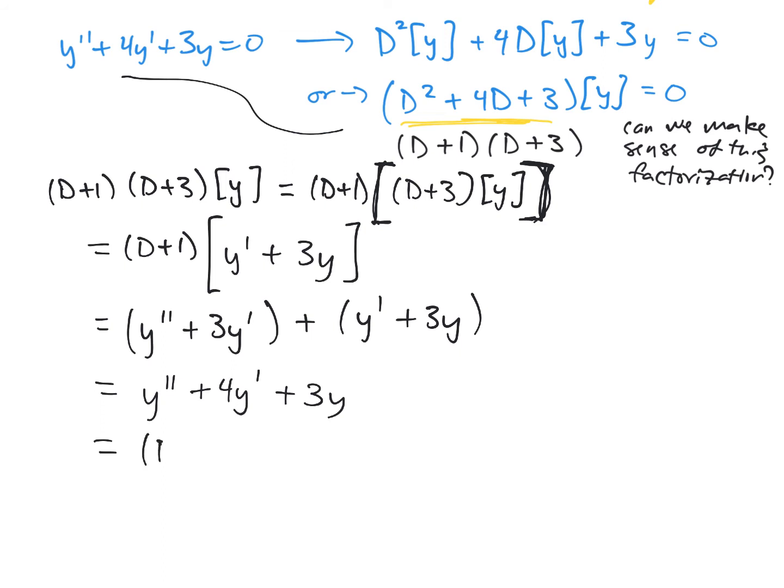So that's D squared plus 4D plus 3 operating on y. So that's super great. That shows that we can factor this sort of differential operator. However, this only works if you have constant coefficients.